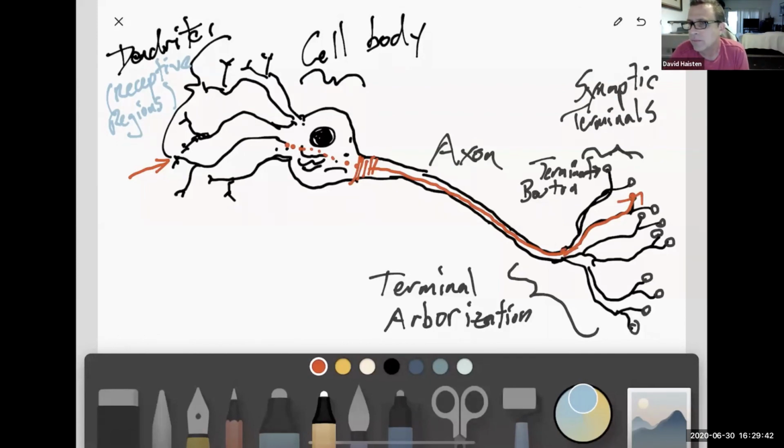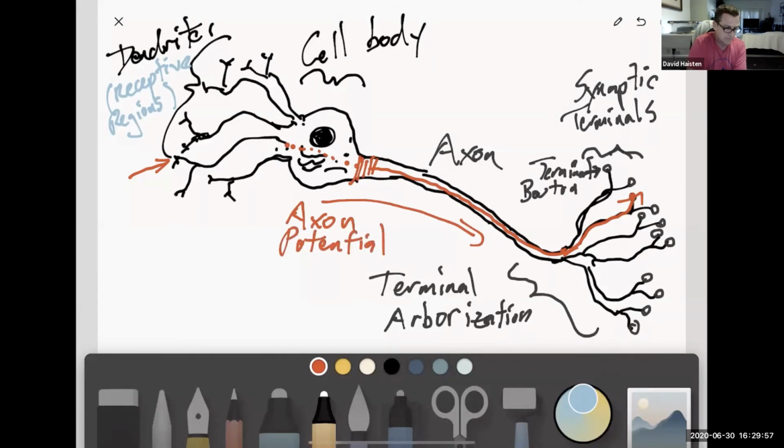Another neuron, could be a skeletal muscle fiber, something like that. So action potential moves that way. Where the axon joins the cell body, this thickened region, it's called the axon hillock, like a little hill.